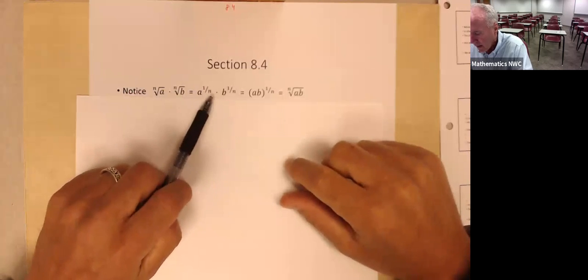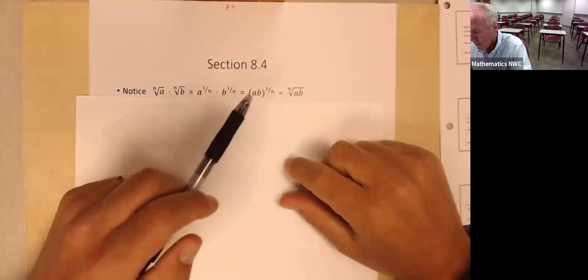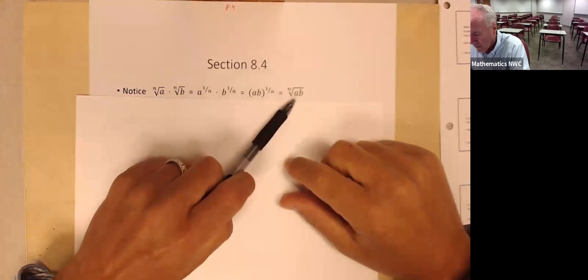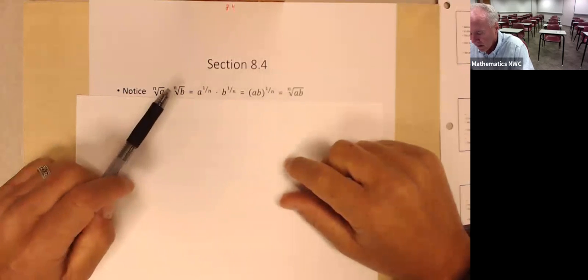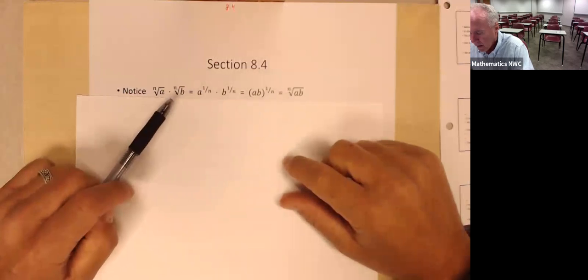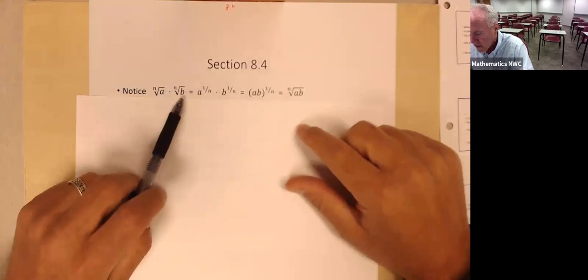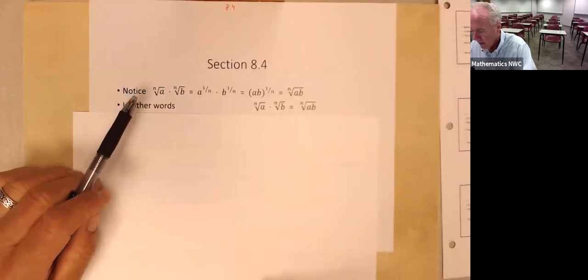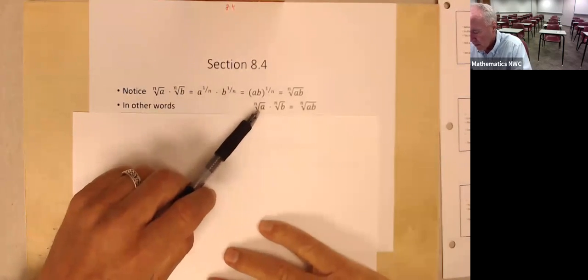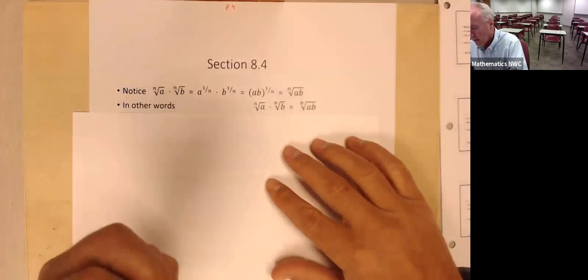That can be written as ab both to the 1 over n power, or the nth root of ab. That's kind of your algebraic rationale behind it. But what I'd really like you to notice is that the product of these two is equal to this here. The nth root of a times the nth root of b is equal to the nth root of ab.